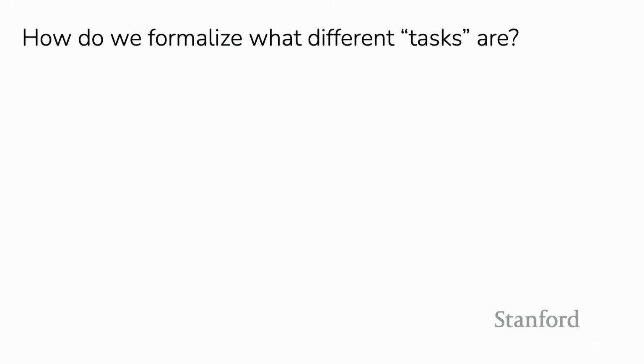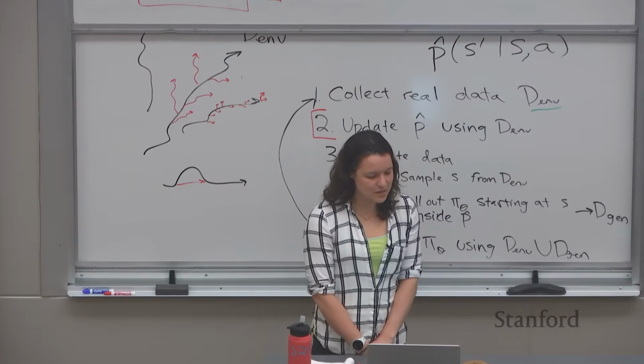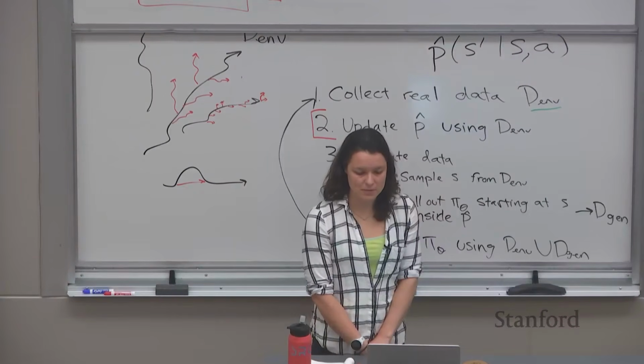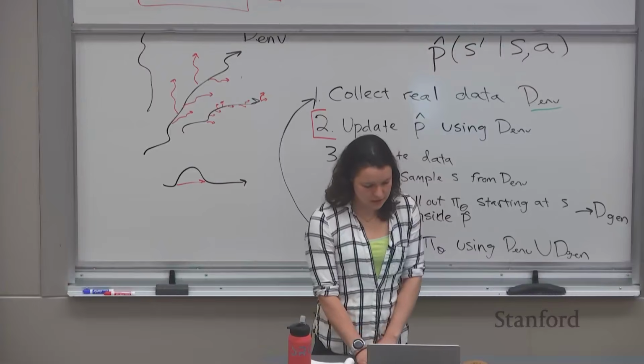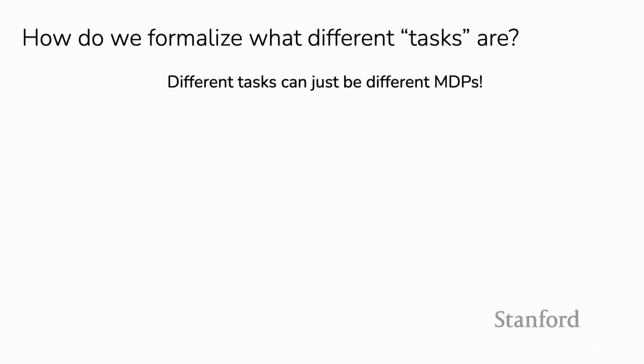Let's get into what this actually entails. We need to think about what a task is. In some ways it's not very well defined, like what makes something a different task versus not a different task. But one way to think about it is having different tasks just be different RL problems, different Markov decision processes.